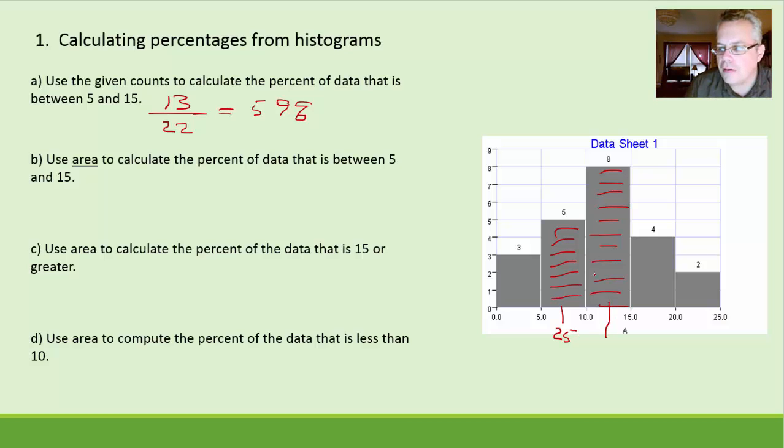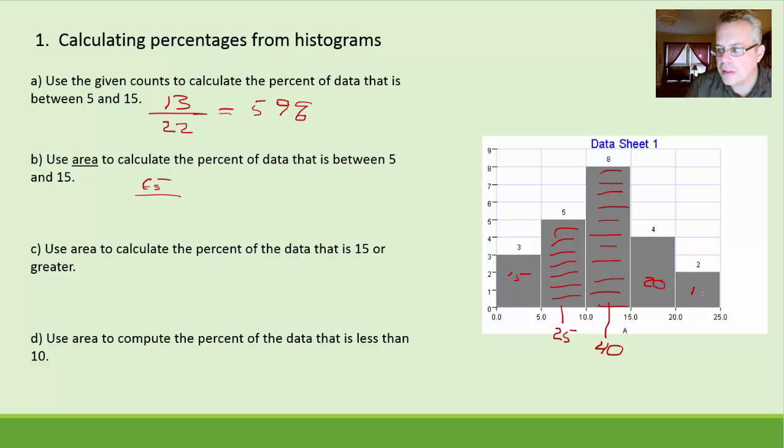This second bar also has width 5 and height 8. So the area is 40. So the total area in those two bars is 65. We want to divide that by the total area. So, well, I've got to find the total area. The area of this bar I haven't found so far is 15. This one is 20.